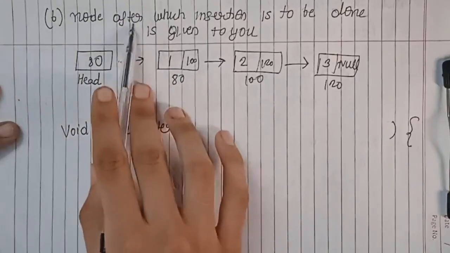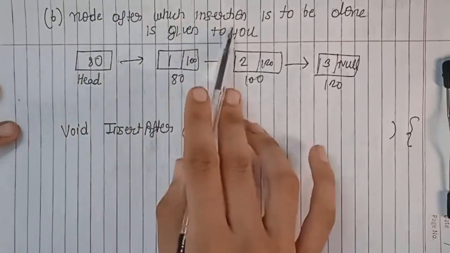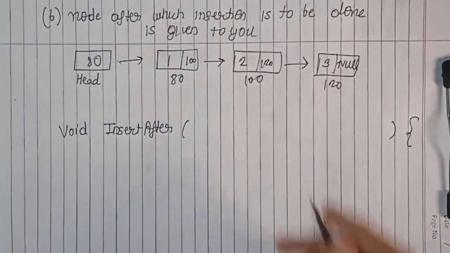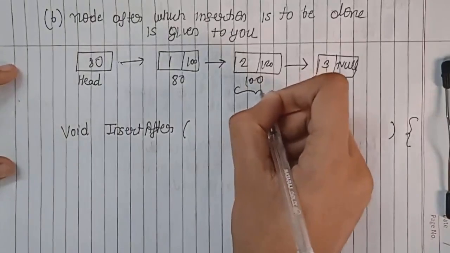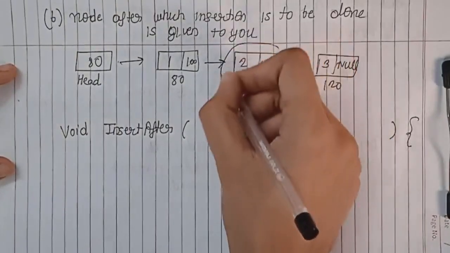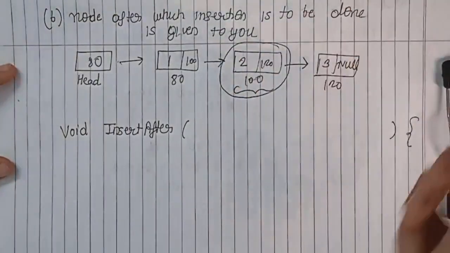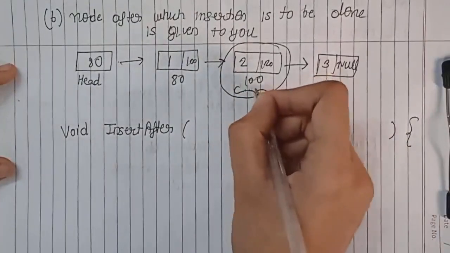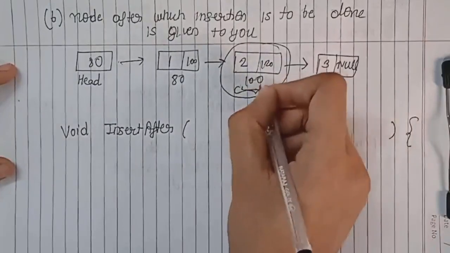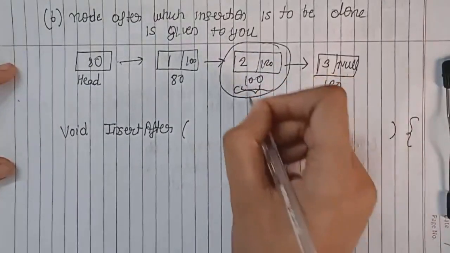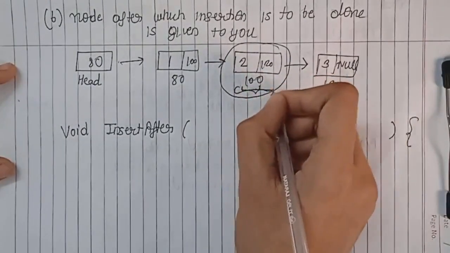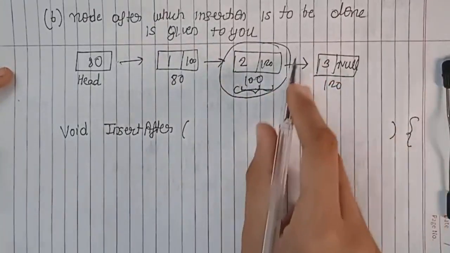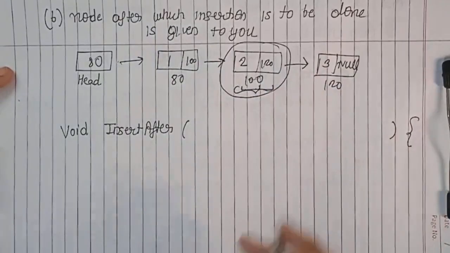So in this case, the node after which insertion is to be done is given to you. That means if the user wants to insert any new node after this particular node, let's say, then the user will be storing the address of this particular node, which is 100, by himself, and the user will provide this address to you, and then he will ask you to insert the node after this.